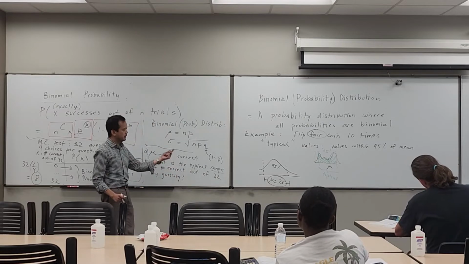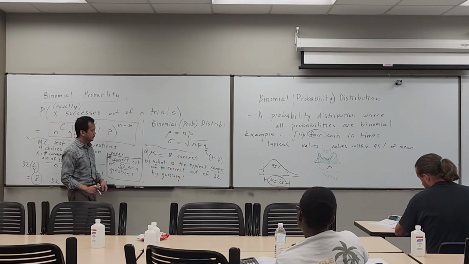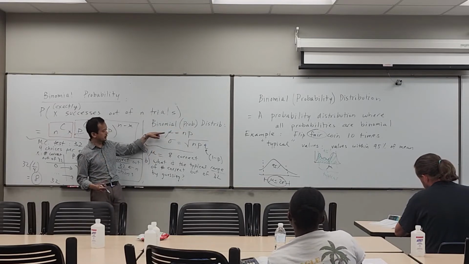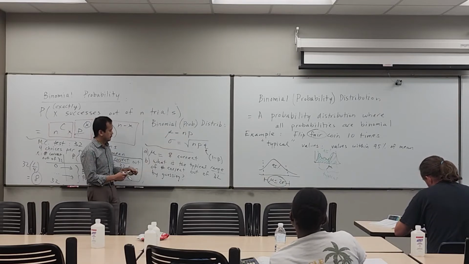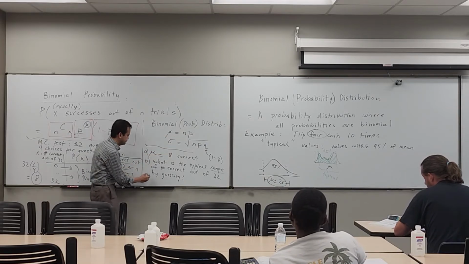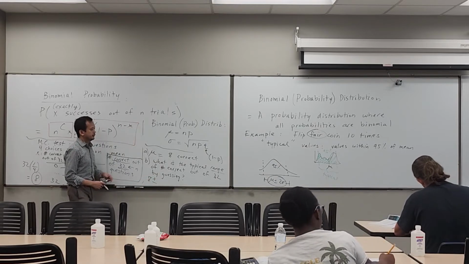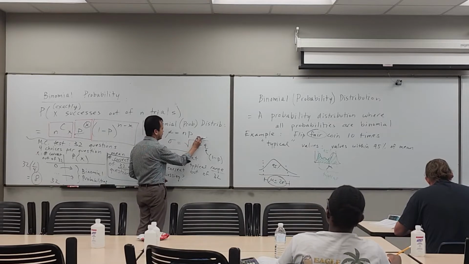So we need to know the mean, and we need to know what one standard deviation is. So this is a binomial probability distribution, so we said that the mean and standard deviation have shortcuts. So the mean will be n times p, in this case that's 8. And let's calculate the value of one standard deviation. So let's plug in the numbers, what's n?